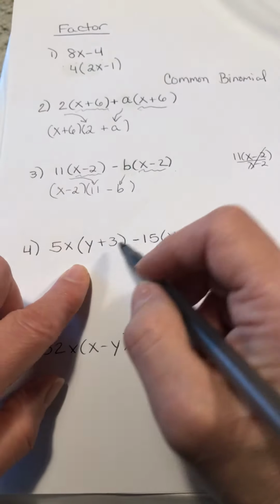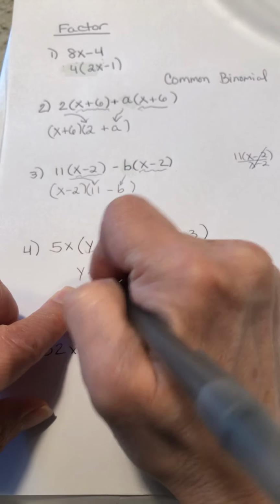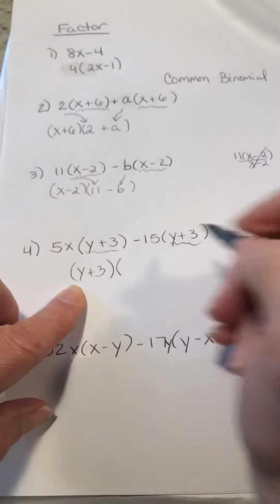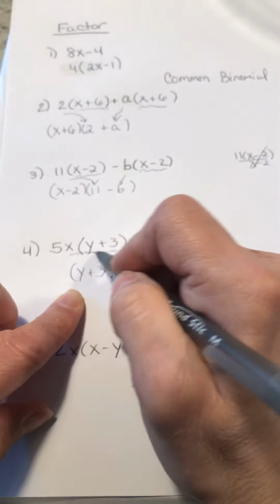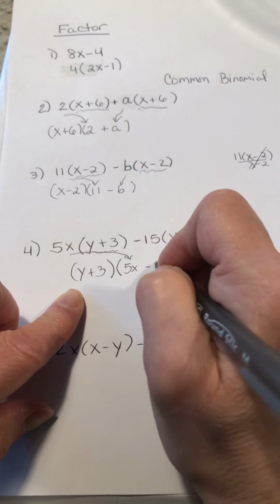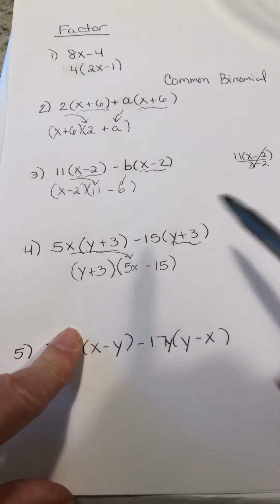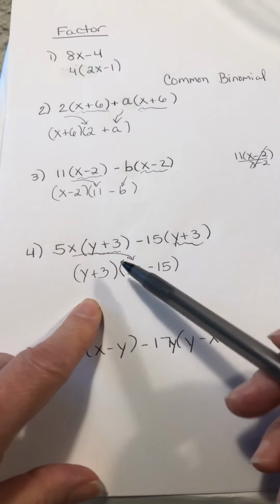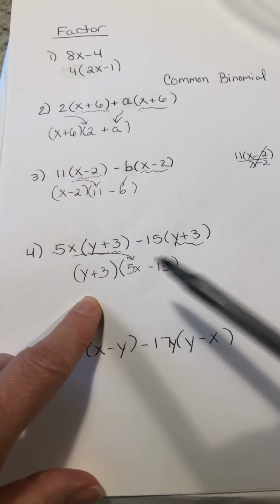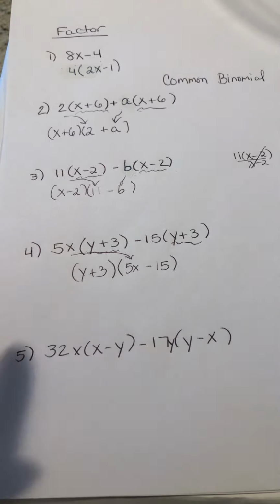So let's try another. Common binomial, y plus 3 goes on the left in the first set of parentheses, and guess what comes next? It's going to be our 5x and then minus 15. But I want to stop here a minute and take a look at what is in these parentheses, because we should always ask ourselves the question at the end of the problem, do we have another common factor?